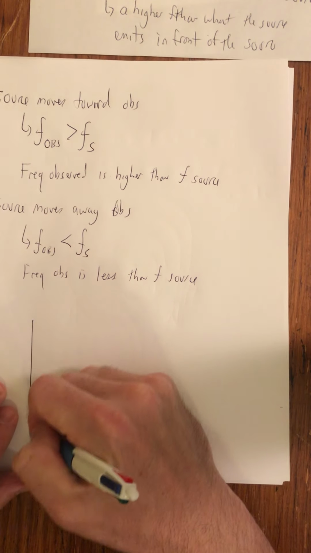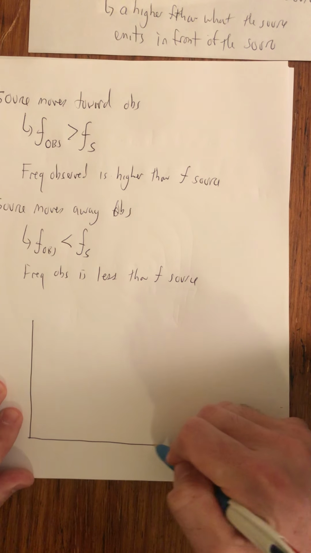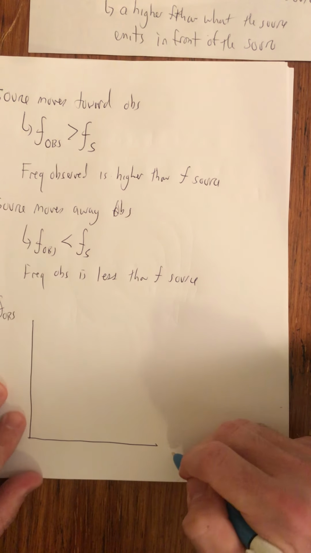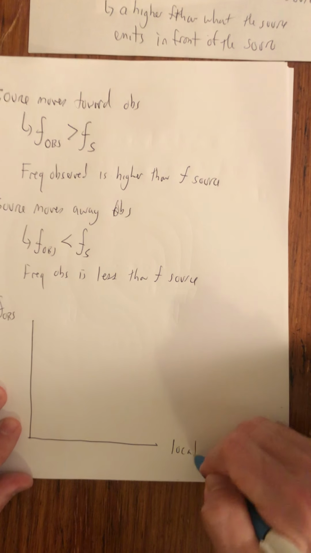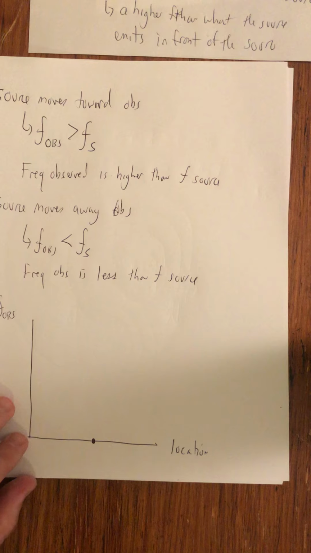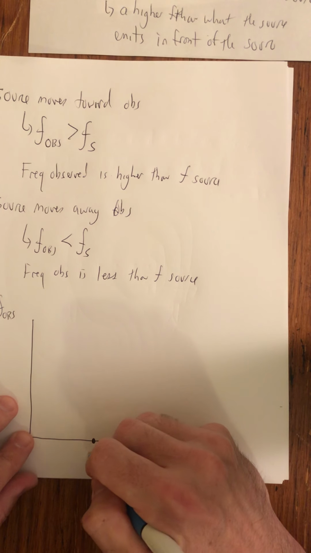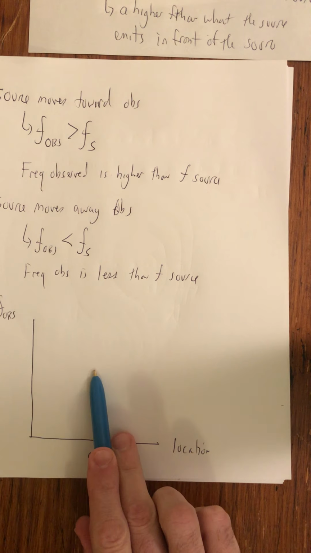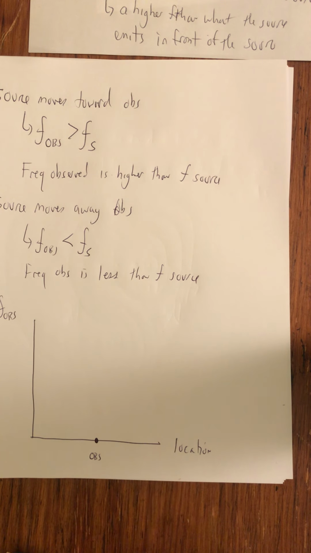So if I were to graph that, let's say that this is the frequency observed, and here is location, and here is where my observer is, okay? And the source is going to move towards the observer, then move away from the observer.